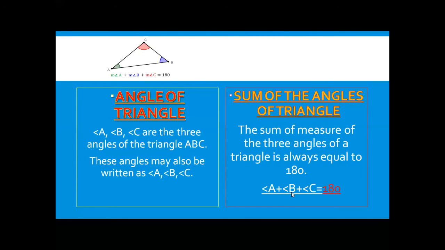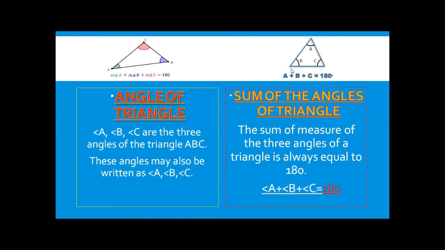Angle A, angle B and angle C always equal 180 degrees. Look at this picture. This is angle A, angle B, angle C. When we add all together, it always becomes 180 degrees.